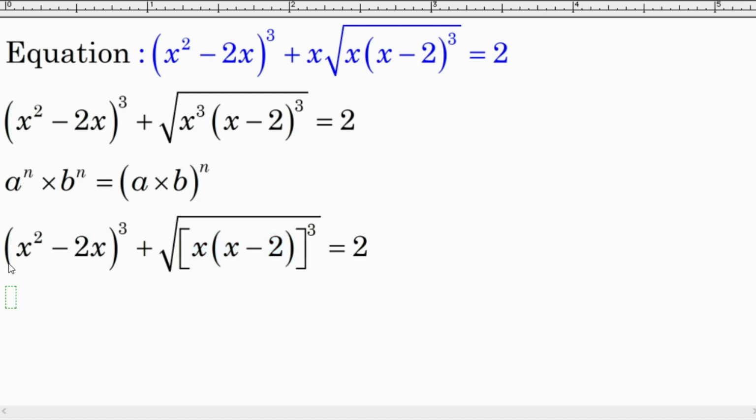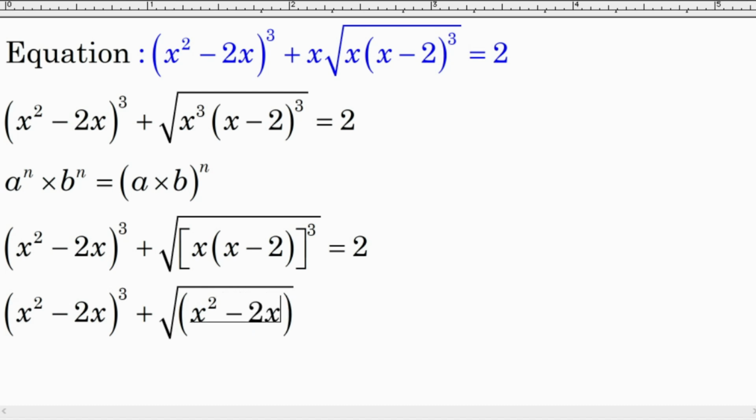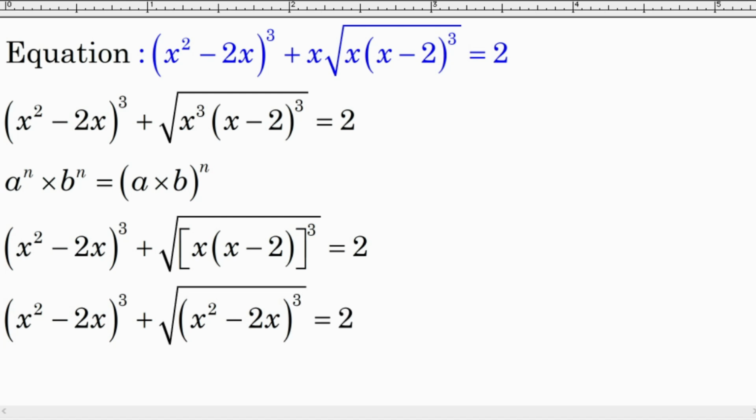Now we can expand these two factors. We get the first term plus √(x² − 2x), raised to the power 3, equal to 2.